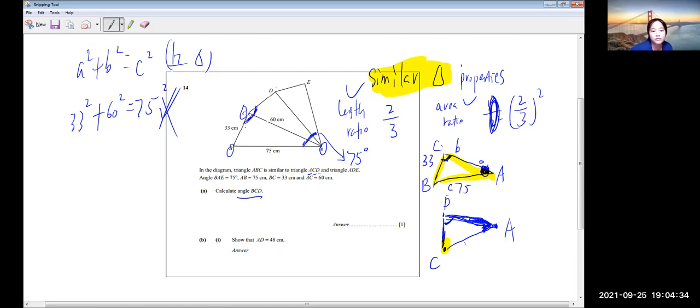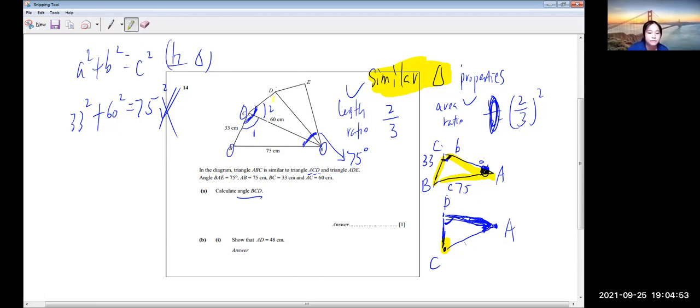In fact, probably you want to do it separately: find this first, and then find this. And there is a relationship between this 1 and 2.